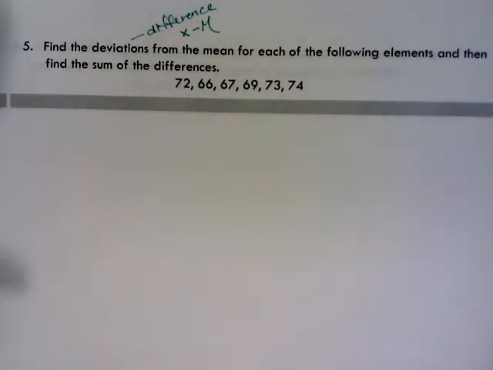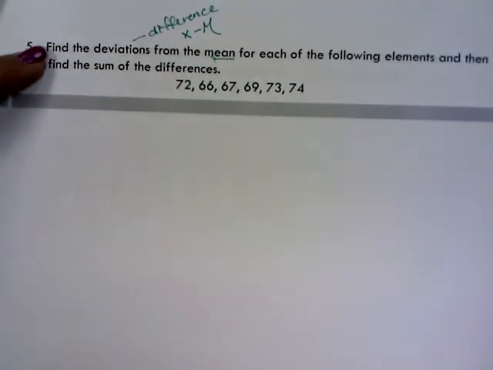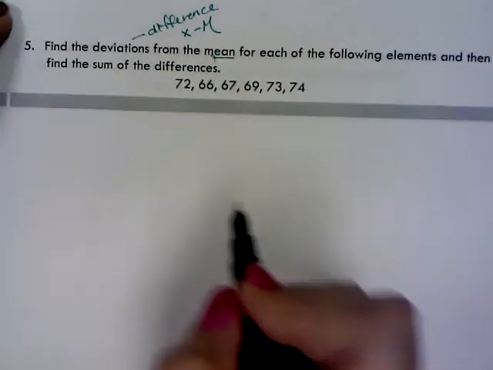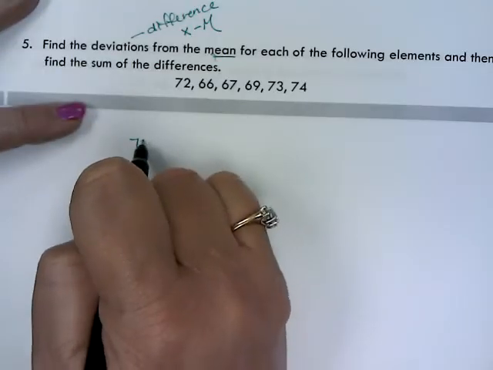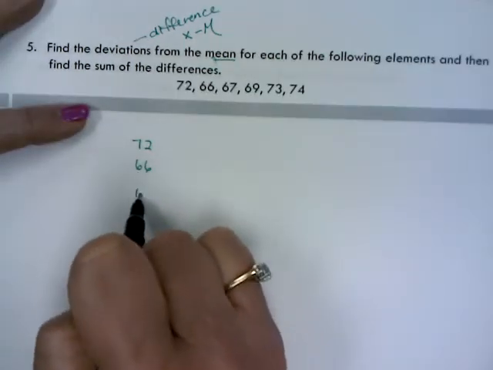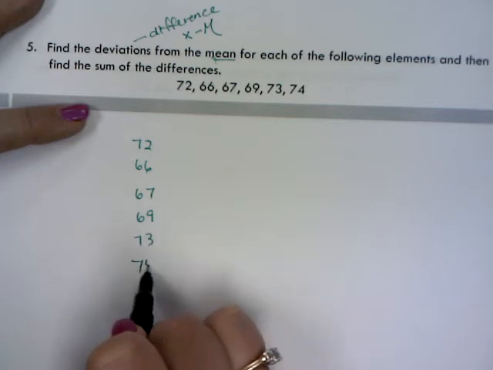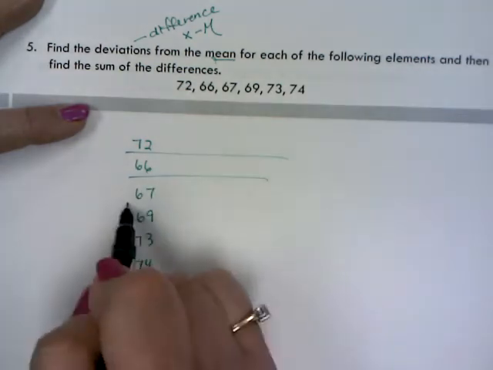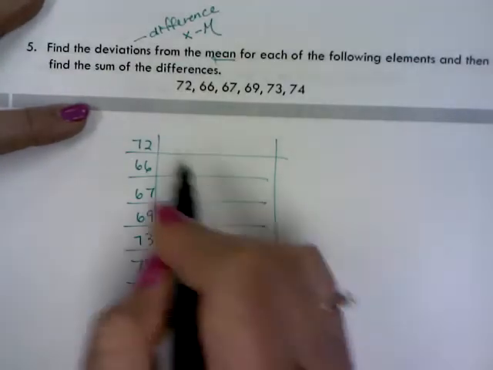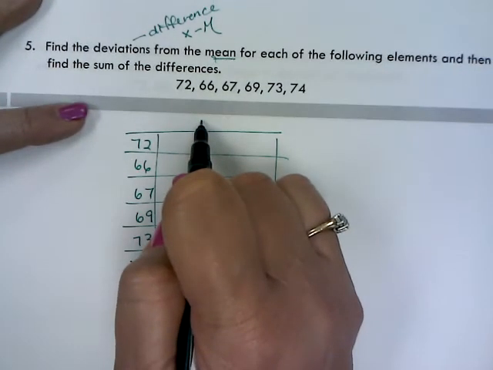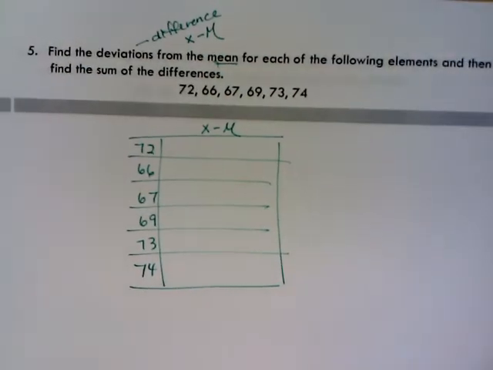What I'm going to find first is, because it's from the mean, the first thing I'm going to have to do is find the mean. Then I'm going to have to find the deviation. Because everything we've done has set up a chart, I'm going to make a quick chart. That's the part of the chart we're talking about.